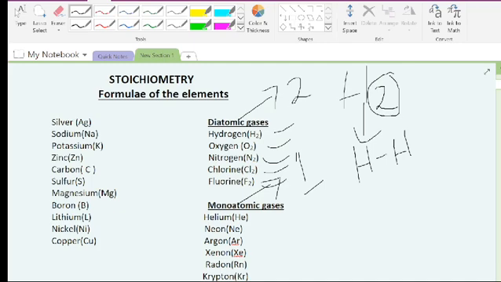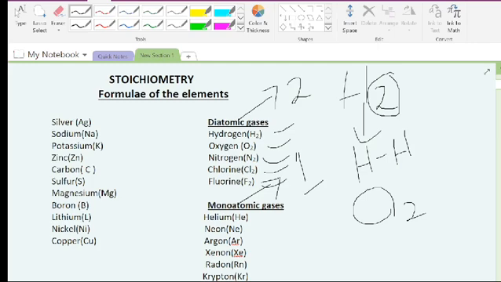Okay. Similarly, oxygen has the subscript of 2. What does the subscript of 2 mean? This molecule comprises two oxygen atoms. If instead of the subscript 2, it was written with 3 or 4, it would mean a molecule comprising 3 atoms or 4 atoms. Is that clear now?